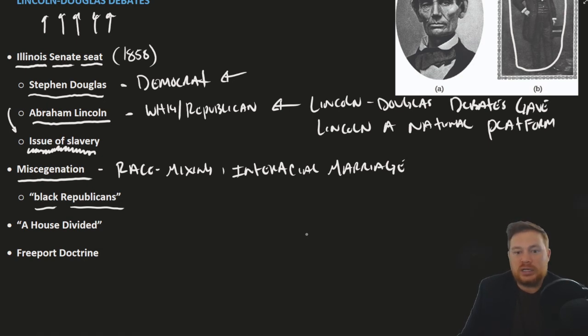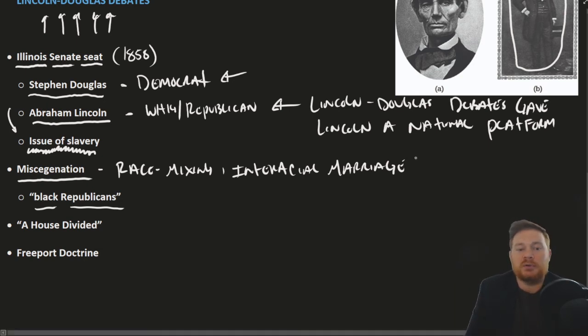And what Lincoln did, and what made him so popular in these debates, is that he counterbalanced or responded to these accusations by hearkening to the idea of American principles, viewing slavery as something that's antithetical to something like the Declaration of Independence.